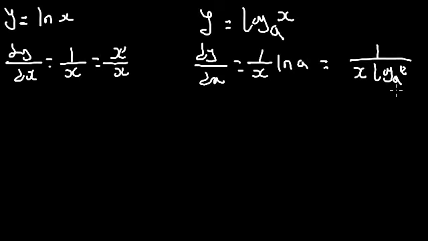So these are the two things you have to keep in mind while dealing with problems involving the derivative of logs. Now, one more thing I need to mention, which is very, very crucial and important. When you're dealing with problems involving the derivative of logarithmic functions, regardless of how compound or complex the argument is, try to make it simple.